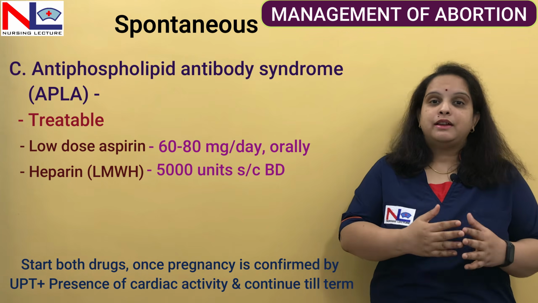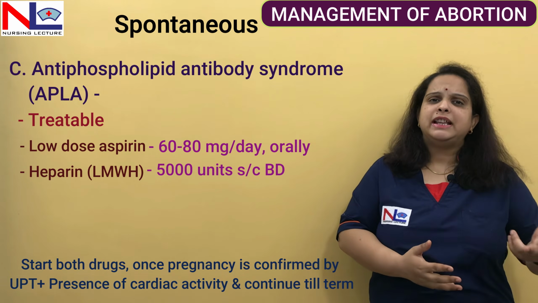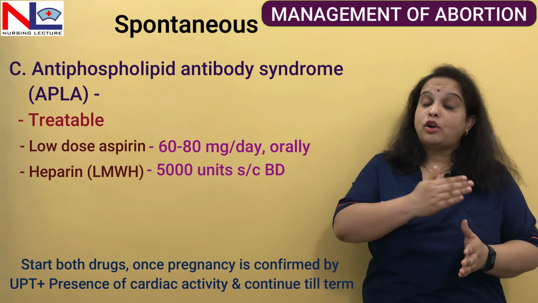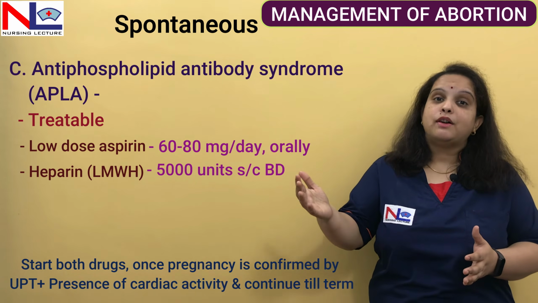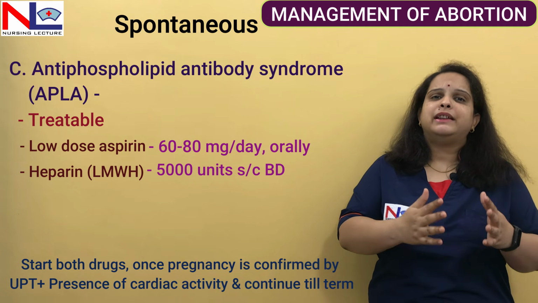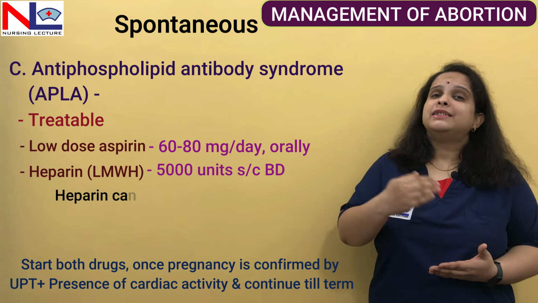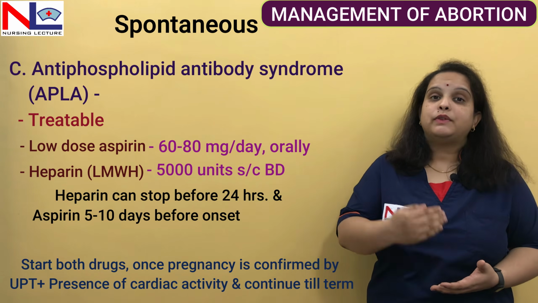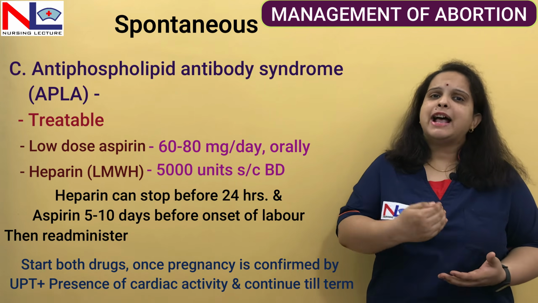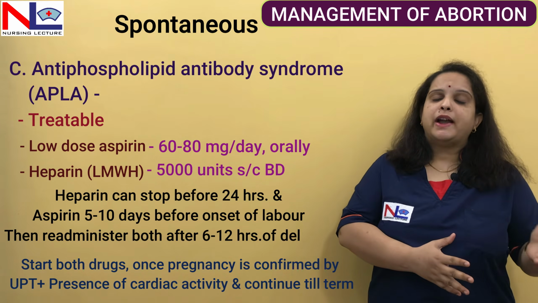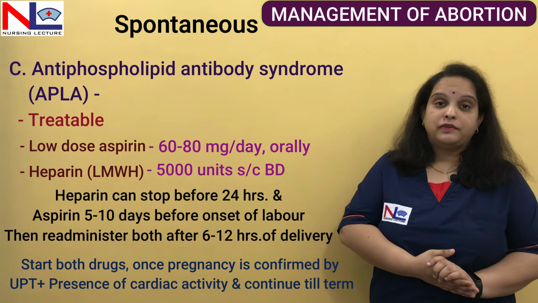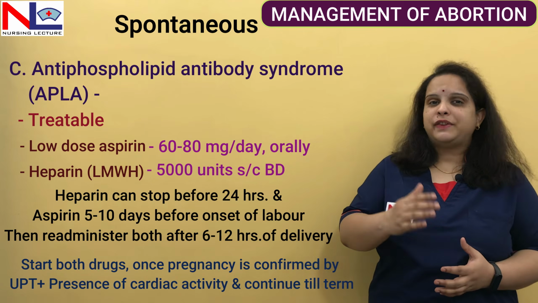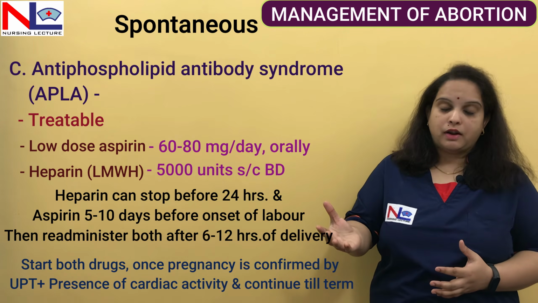We administer these two drugs combined to the woman throughout pregnancy till 37 weeks of gestation, or once labor starts. Once labor starts, we hold the heparin 24 hours before, and aspirin can be discontinued 5 to 10 days prior to the onset of labor. Once the woman delivers, after 6 to 12 hours, we can resume these drugs.